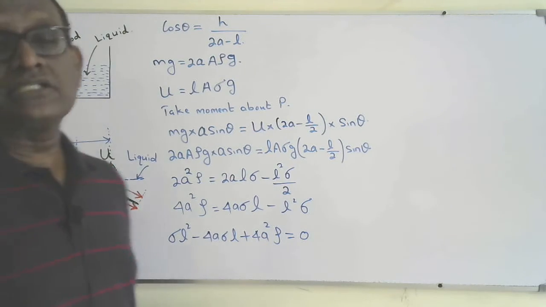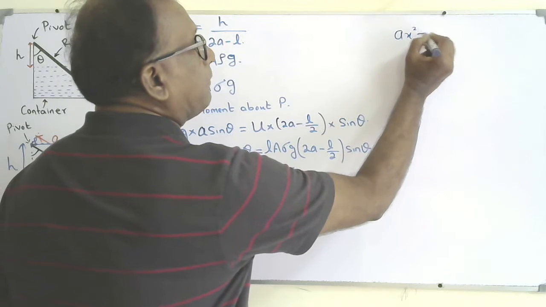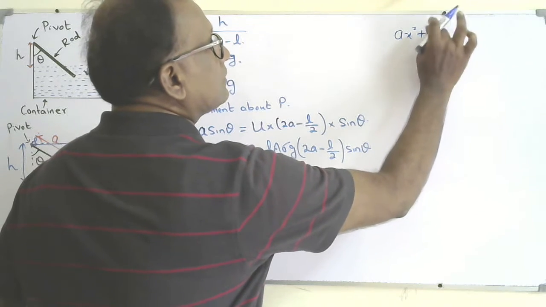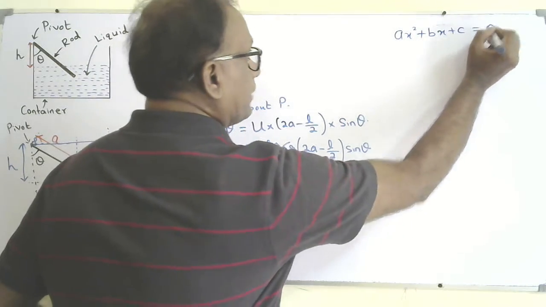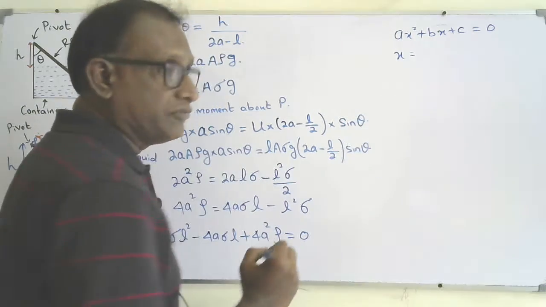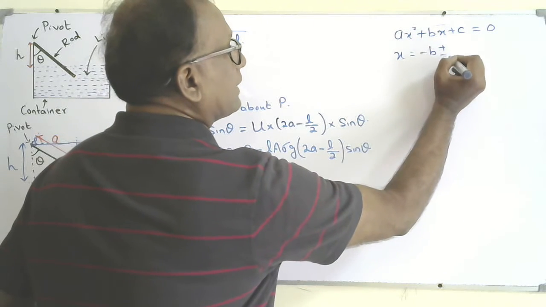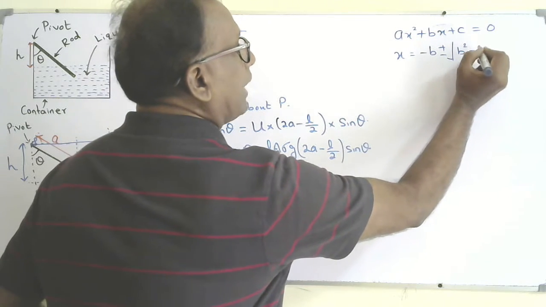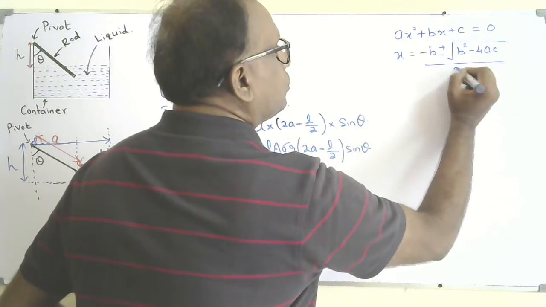And we know the solution for that quadratic equation: x equals minus b plus or minus square root of b squared minus 4ac over 2a.